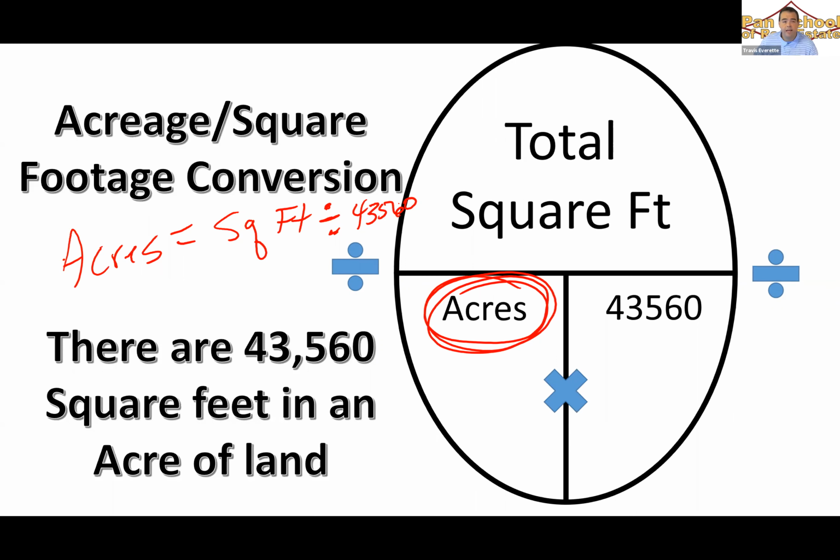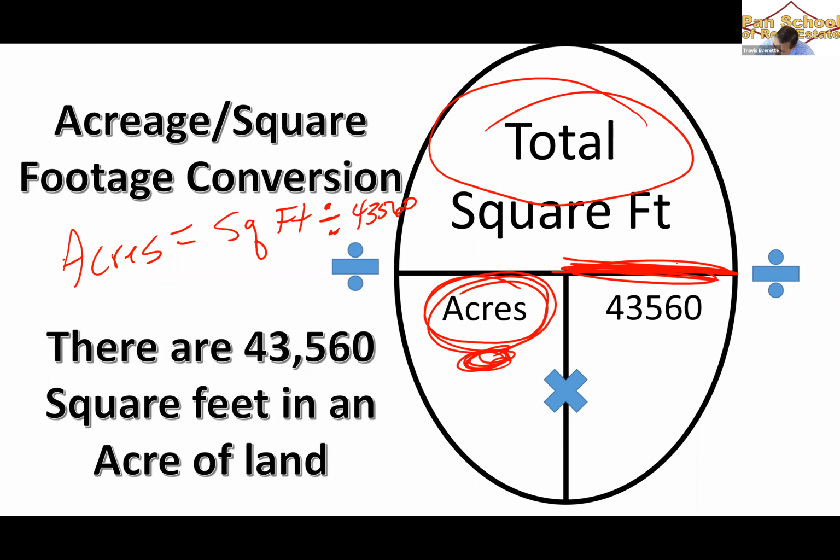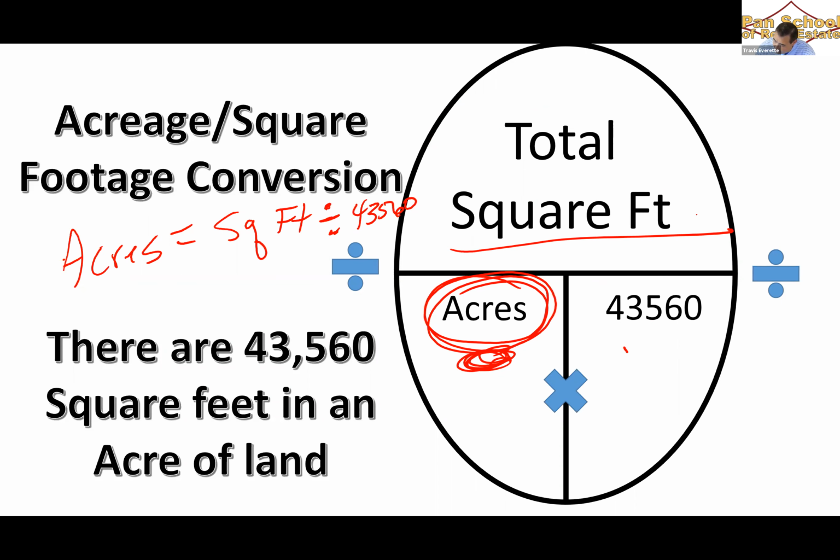Read it just like it's in the T-bar. Acres equals square feet over 43,560. If the numbers were side by side, you would multiply them. But because it's square feet over 43,560, it's square feet divided by 43,560.